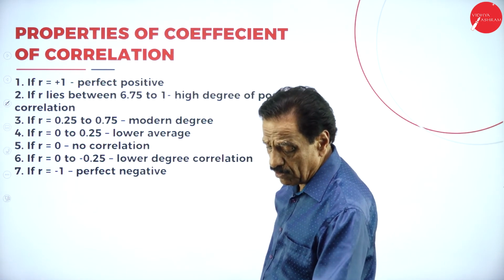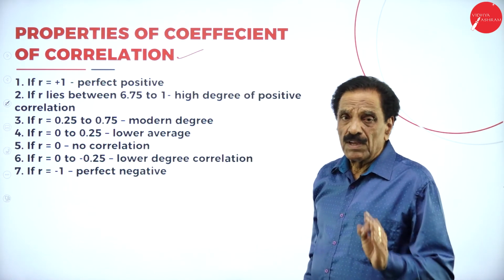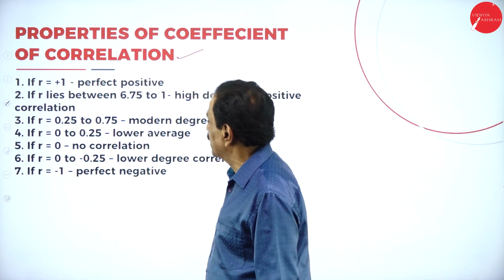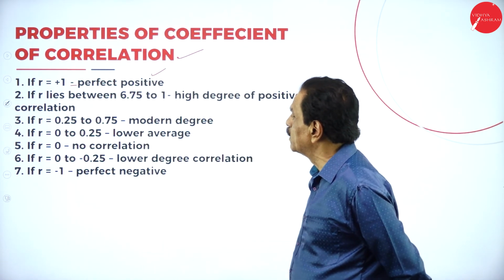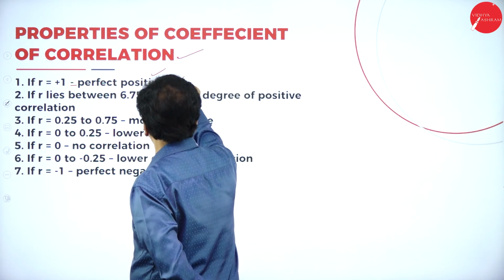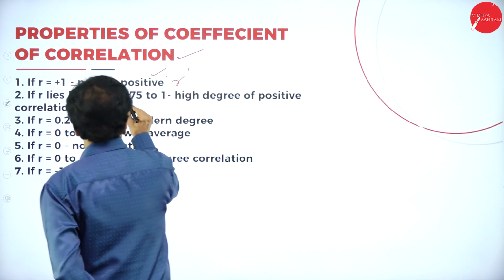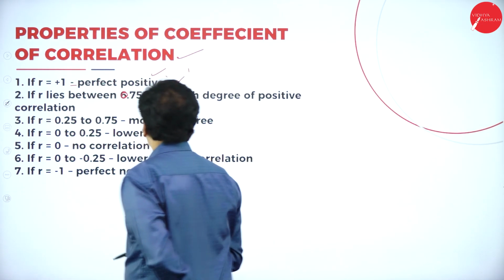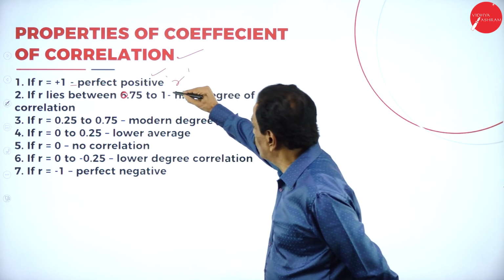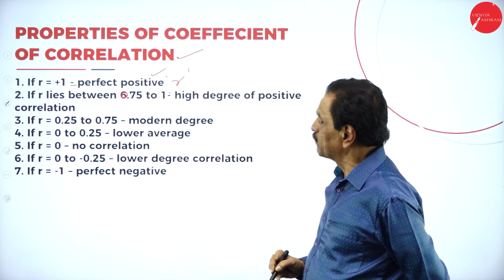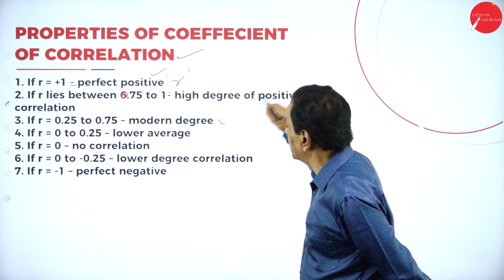In the examination, for 5 marks, they will ask the properties of the coefficient of correlation. First property: if R is positive 1, it is perfect positive correlation. If R lies between 0.75 and 1, it is a high degree of positive correlation. If R is between 0.5 and 0.75, it is called moderate degree correlation.